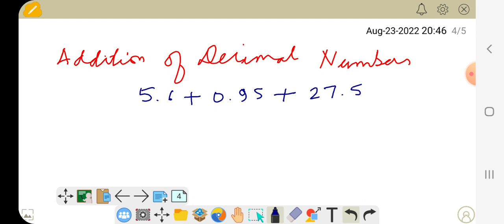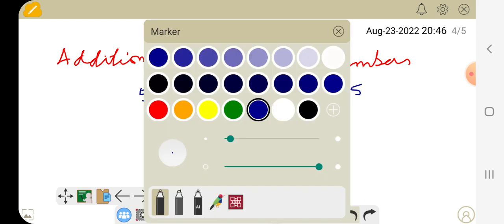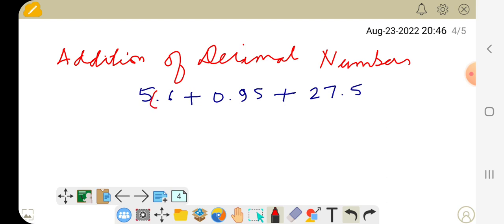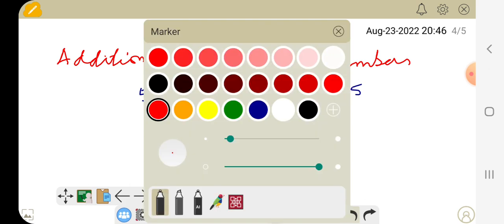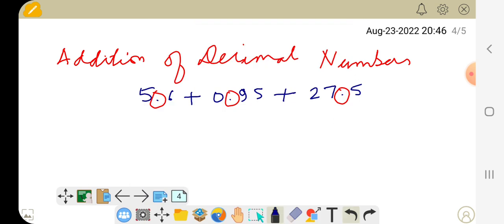So how to do the addition? Look here, these small dots are points. Keep the points in a straight line. This is a basic thing, but be careful. Slowly we are going to learn more about decimals.